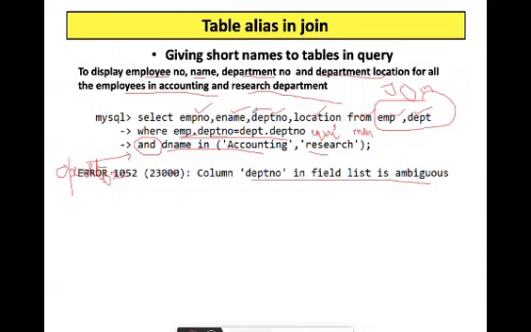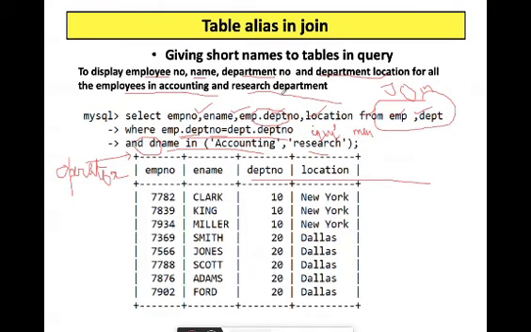But what about here? We are selecting dept number, and I mentioned in the previous slide that dept number is in the emp table also and dept number is in the dept table also. So we have to rectify this ambiguity also, by writing emp.dept number in place of dept number. Is this clear? Here also you will qualify.